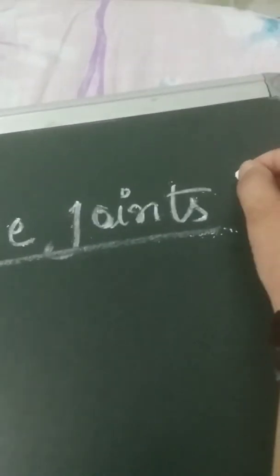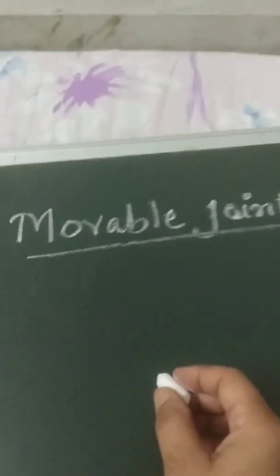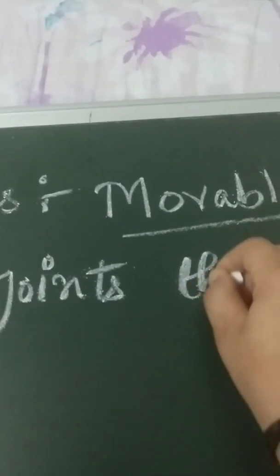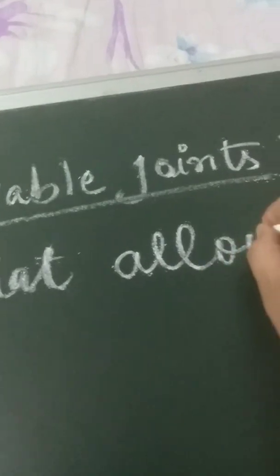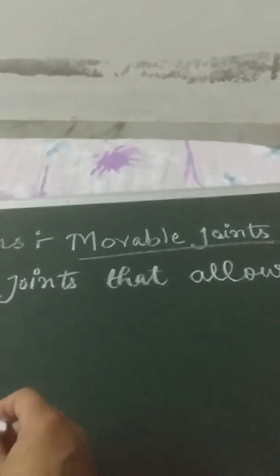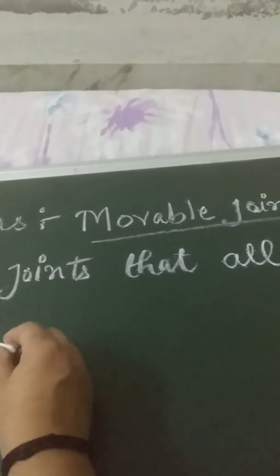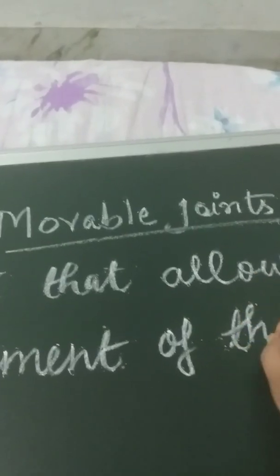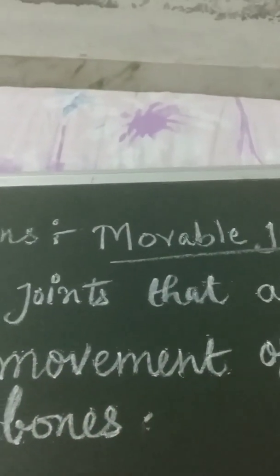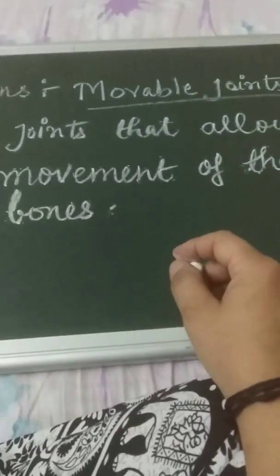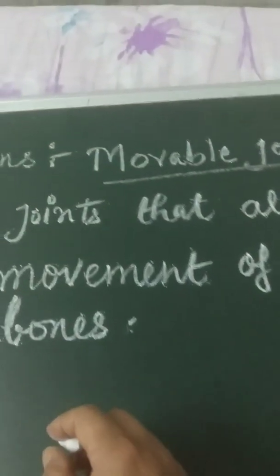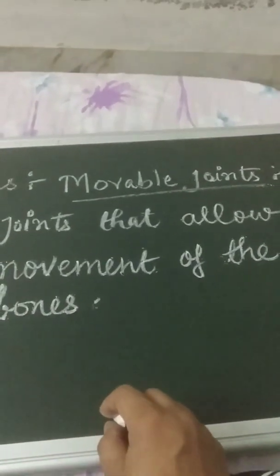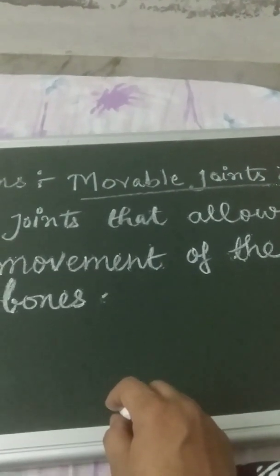Movable joints: joints that allow movement of the bones. Written.